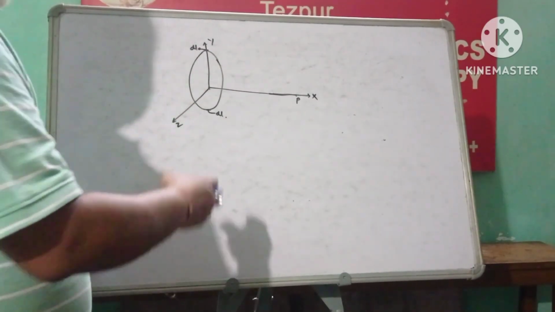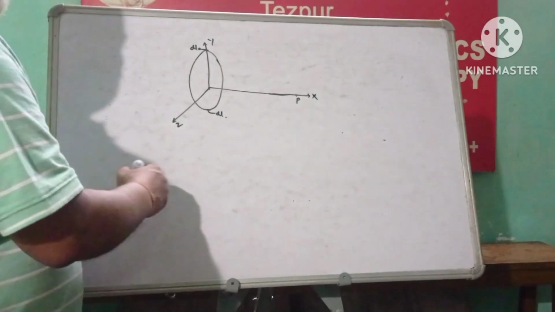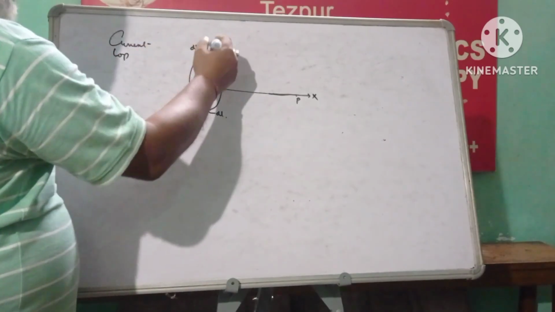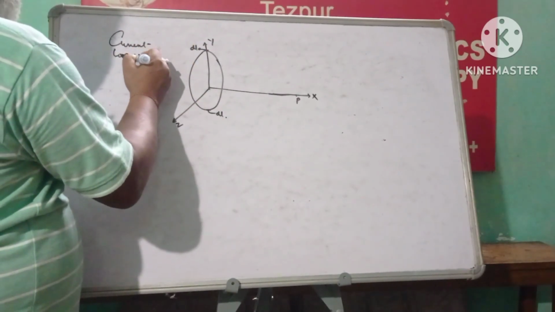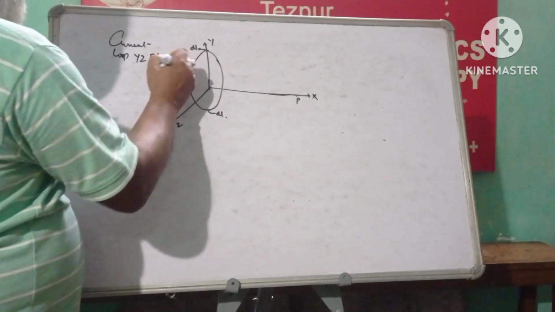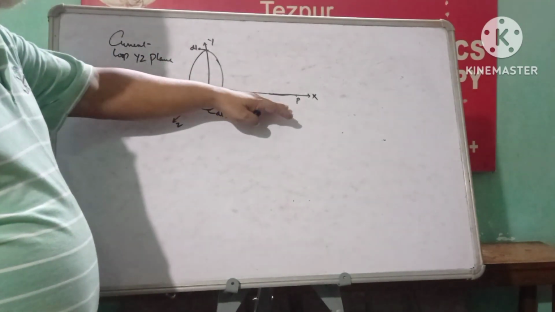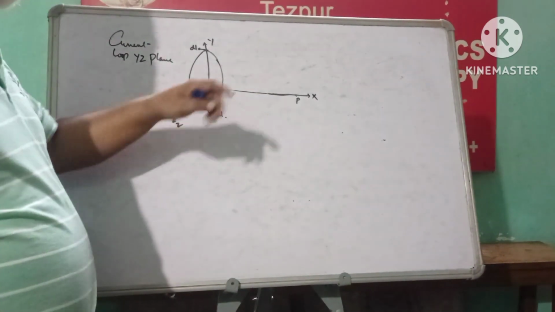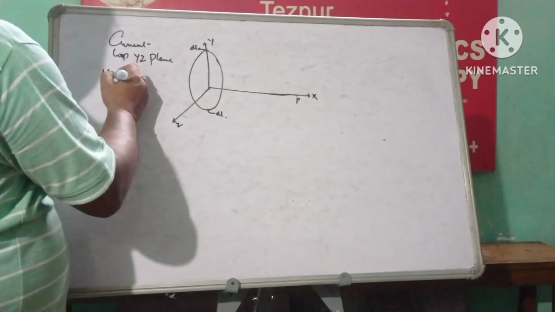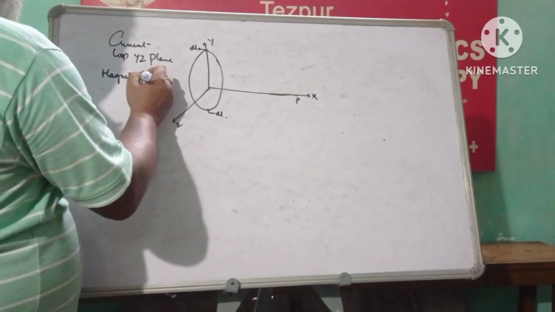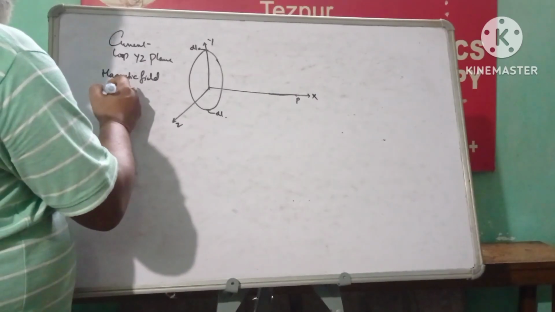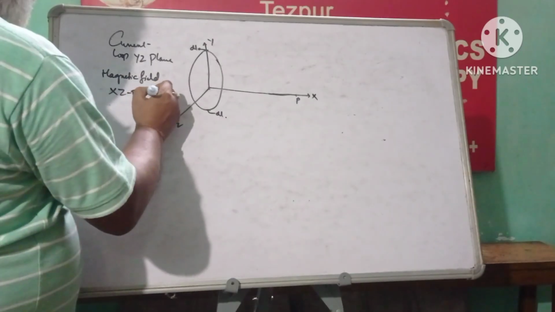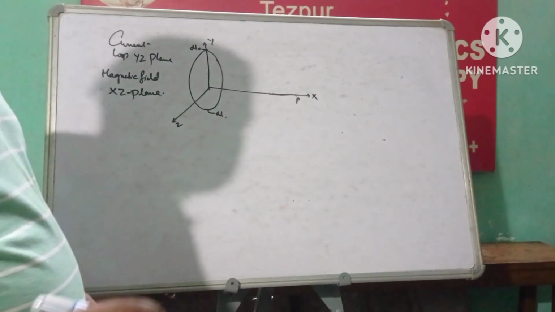So if your current carrying loop is in the YZ plane, your magnetic field will be in another plane perpendicular to this plane. Your magnetic field will be in the XZ plane.